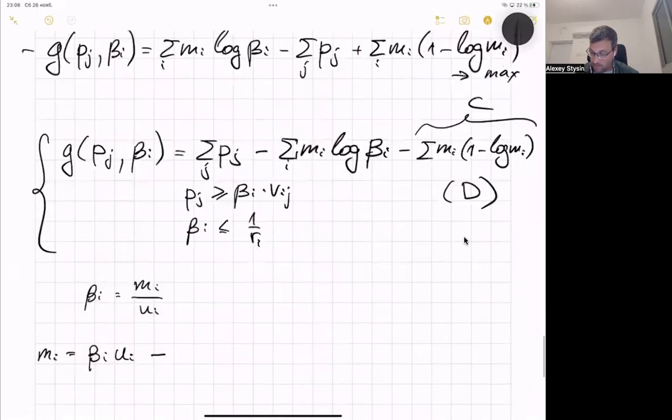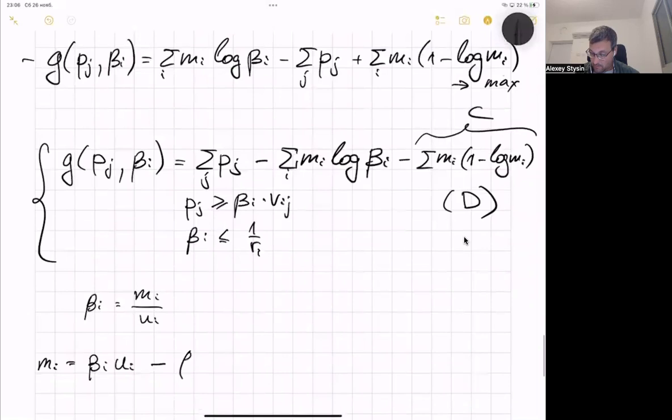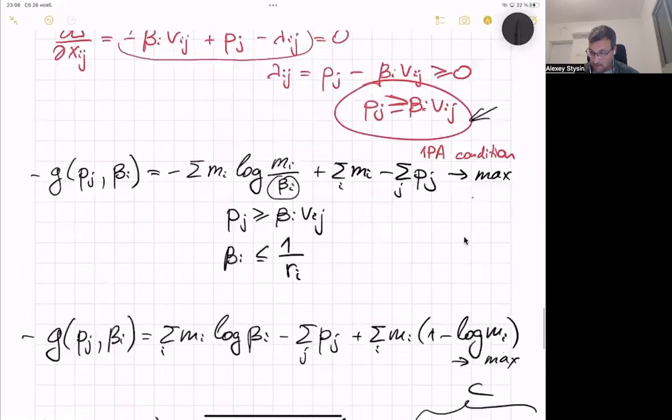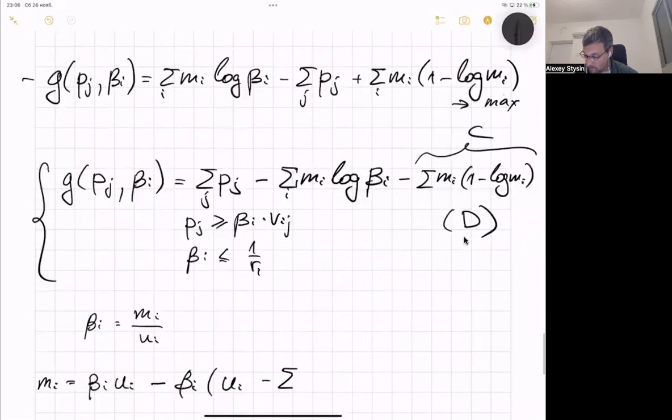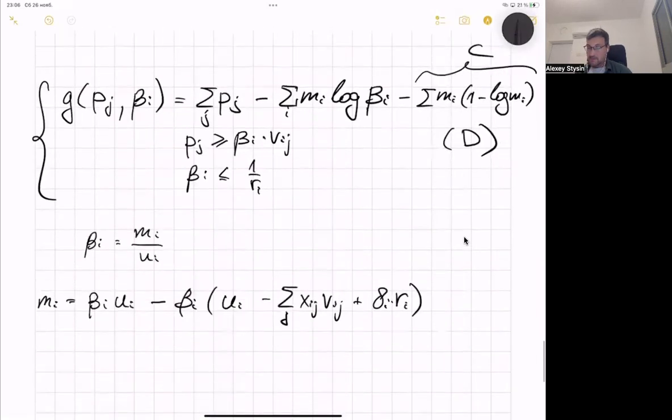So we'll put it here, minus beta i ui minus sum xj vij over j plus delta i ri. Okay, so this thing is 0, right? Okay, so now we can see that mi could also be seen as, okay, this should be minus.